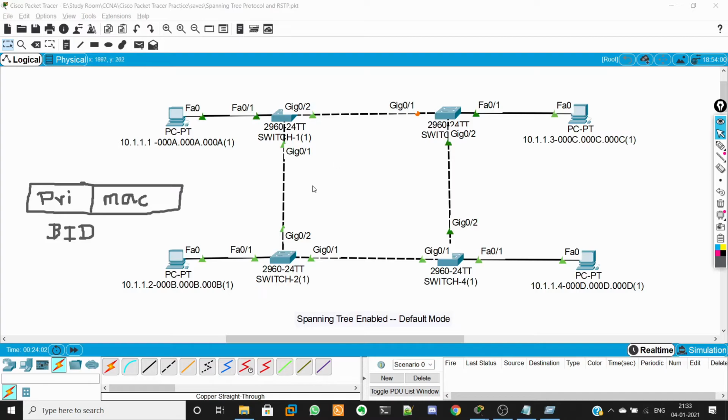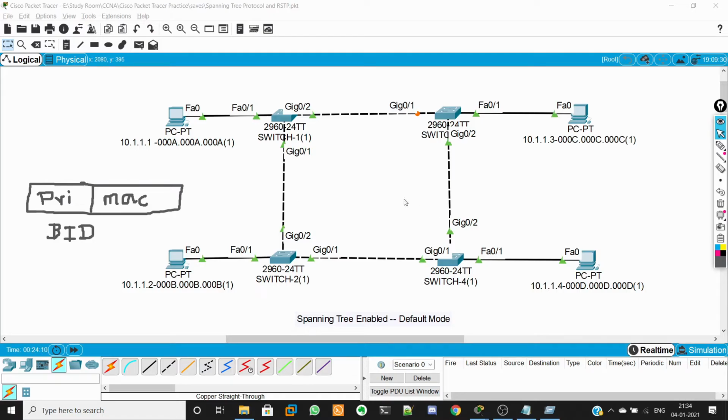So likewise, all the other switches compare the incoming BPDU with their own BPDU BIDs, and take the decision based on the priority. The lower priority will take the preference, and the switch forwarding the BID with the lower priority value will be the root.